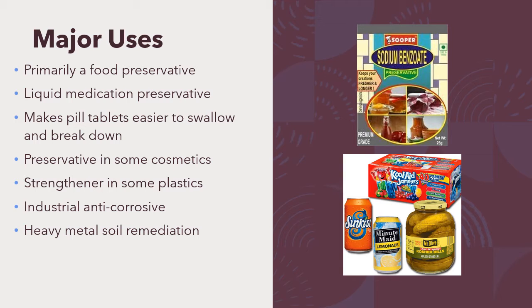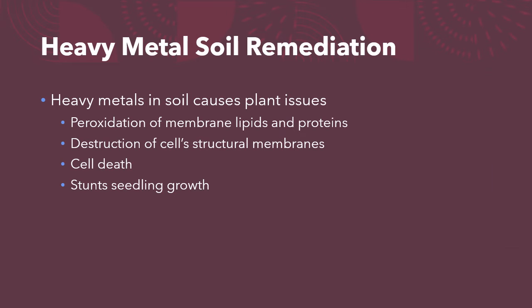Sodium benzoate works as a remediator by helping plants repair deficiencies in lipid and protein membranes caused by heavy metals. Heavy metals also stunt seed growth by affecting chlorophyll, germination rates, and root and shoot structures, again by causing damage to the membranes. Sodium benzoate can be used to help the plants with all of these structures.